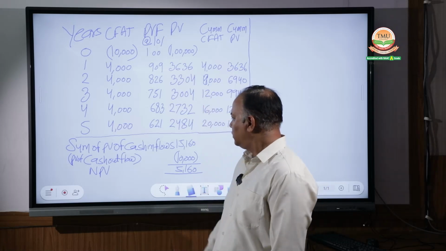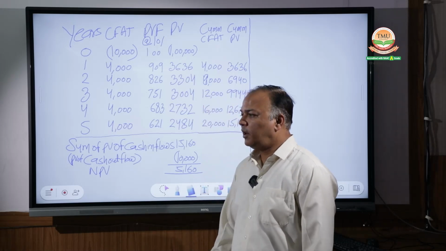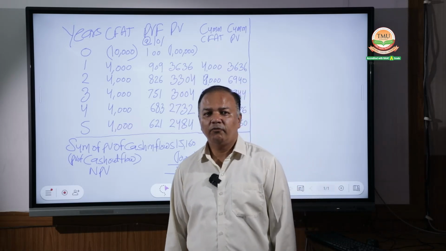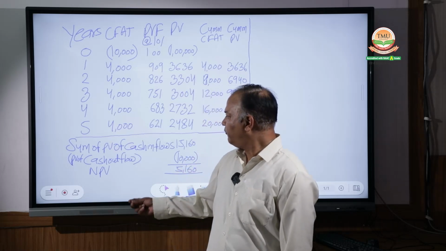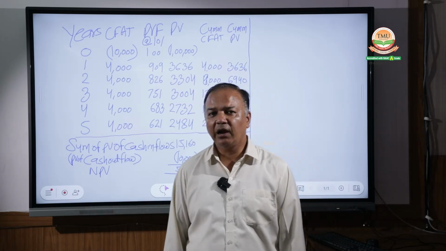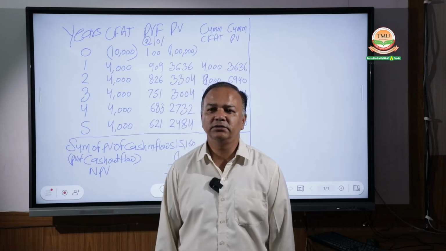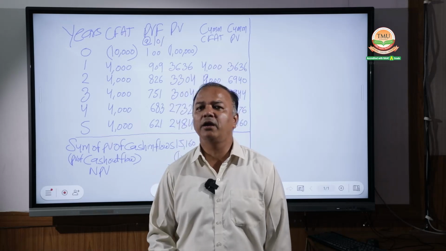So to calculate another NPV, what I have to do? Whenever I have to calculate internal rate of return, this is a trial and error method.